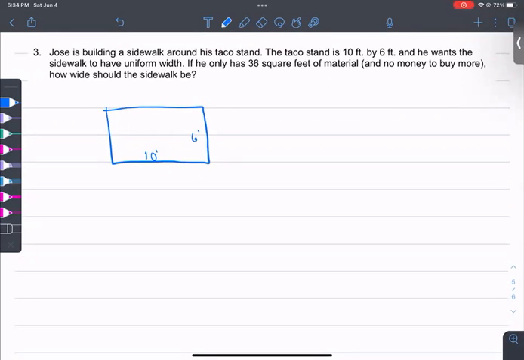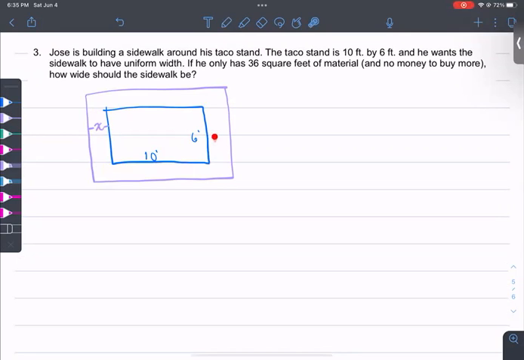He is putting a sidewalk outside of this stand that he wants to cover the same distance all the way around. So we could say the sidewalk has a width of x. So what we really need to look at is just the width of this perimeter, but it has some depth to it that we have to consider.